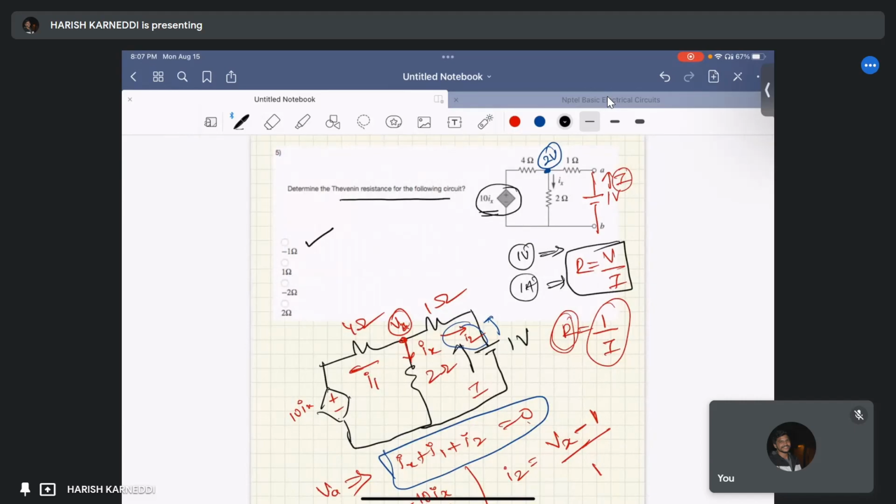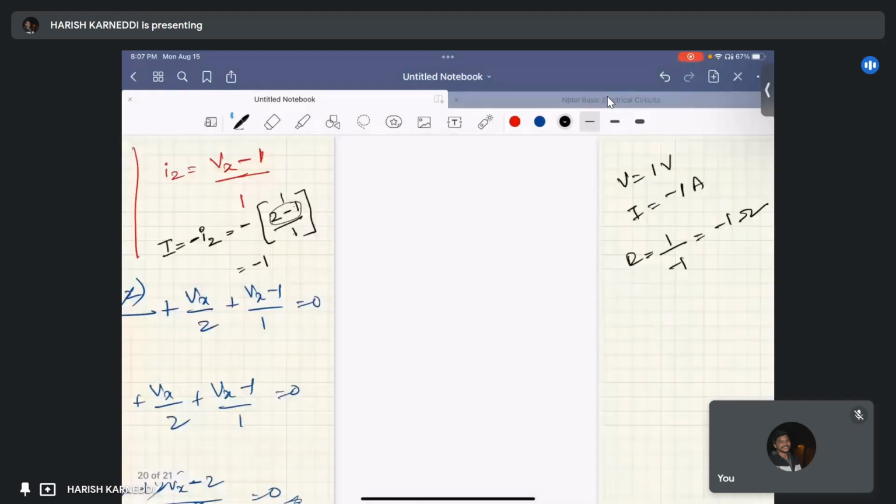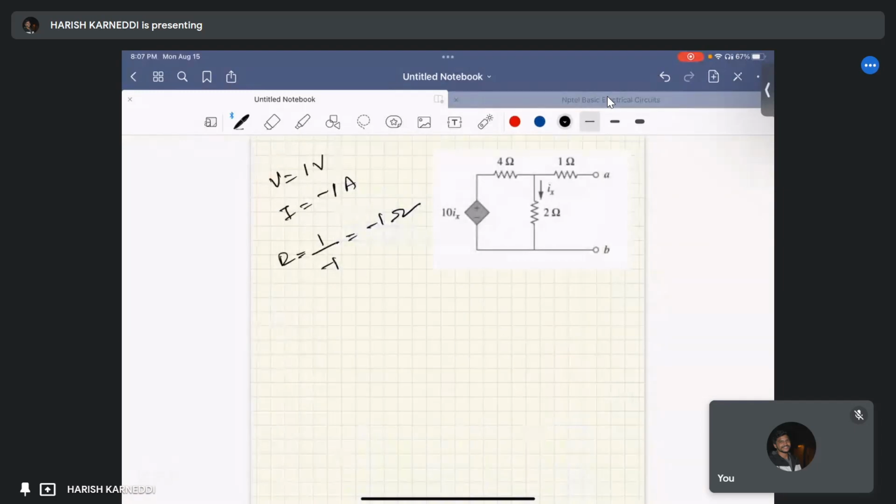Okay, the same problem we are doing with energizing 1 amp current source. Just we applied 1 amp current source. Now also we are interested to find out the node voltage.